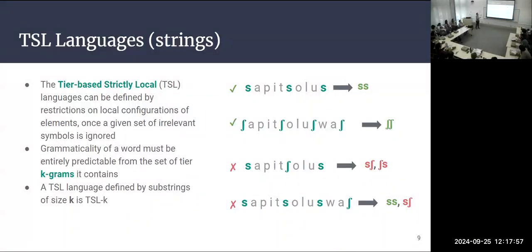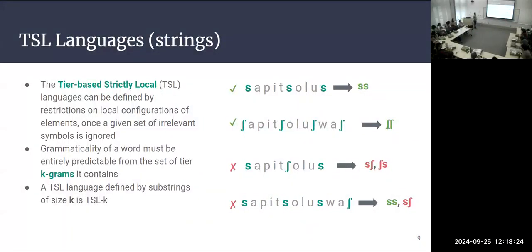The grammaticality of a word for a TSL language must be entirely predictable from the set of k-grams, so immediately adjacent substrings of letters. And here we're looking at TSL2, so we're just looking at each pair of letters that's next to each other. We have to be able to fully predict the grammaticality of a word, the legalness of a word, based on the set of pairs of letters that it contains.